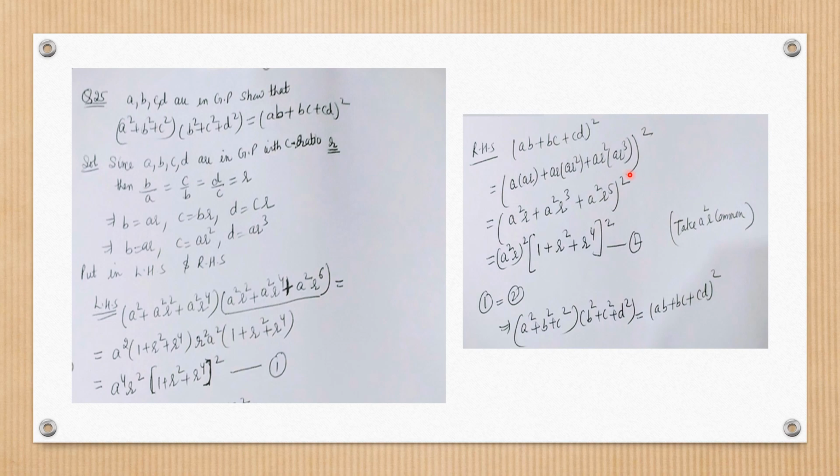But when I take it out of the square, it becomes A square R square. (A square R) whole square common. And inside I get (1 plus R square plus R4) whole square. Okay. So it also becomes your A4 R square times this complete number, which is the same as the equation number 1. So by 1 and 2 we get that this value is equal to this value.